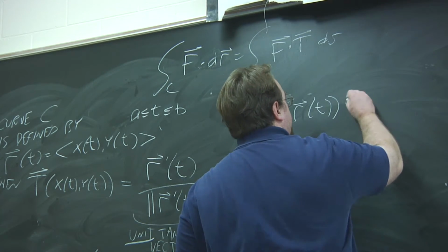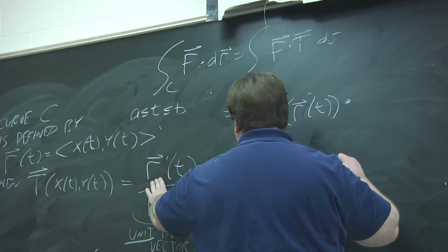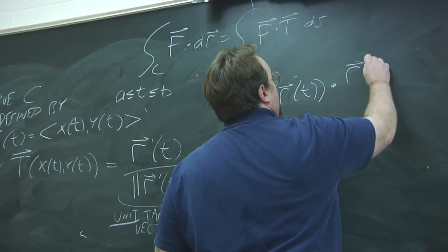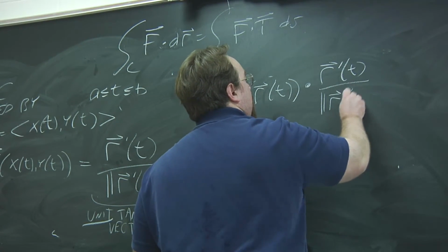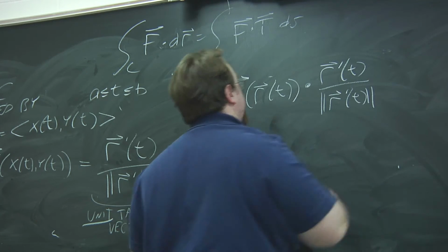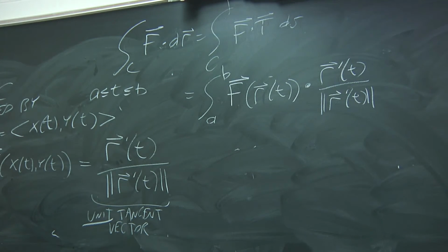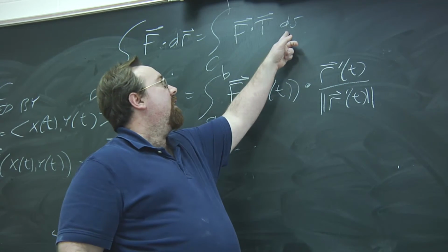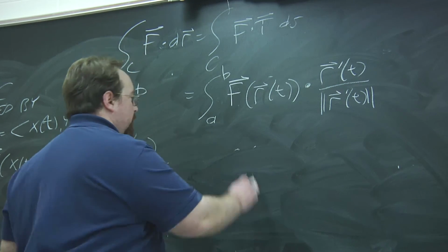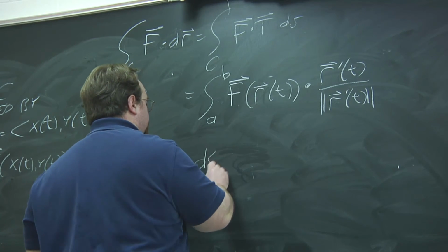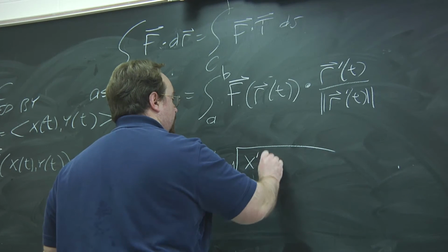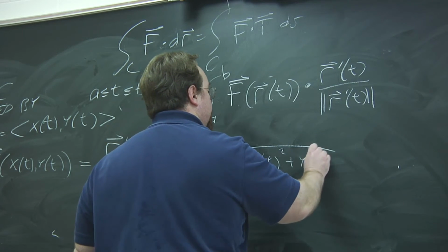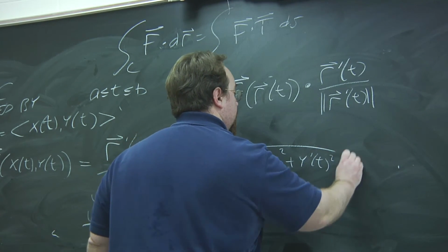Now we take the dot product of this with our unit tangent vector, r prime of t over the magnitude of r prime of t. We still need to fill in what ds is. Well, ds is no different from what it was before. ds is the square root of x prime of t squared plus y prime of t squared dt.